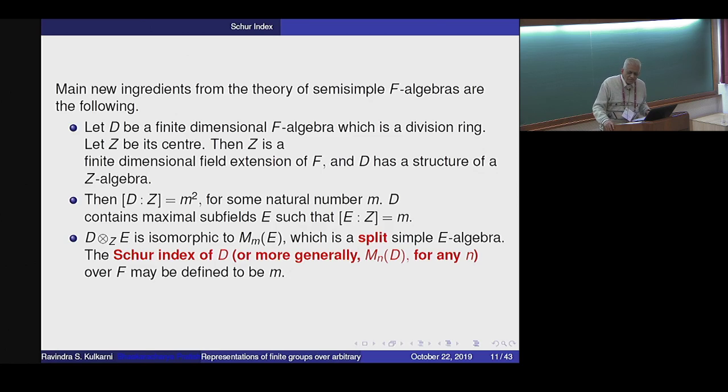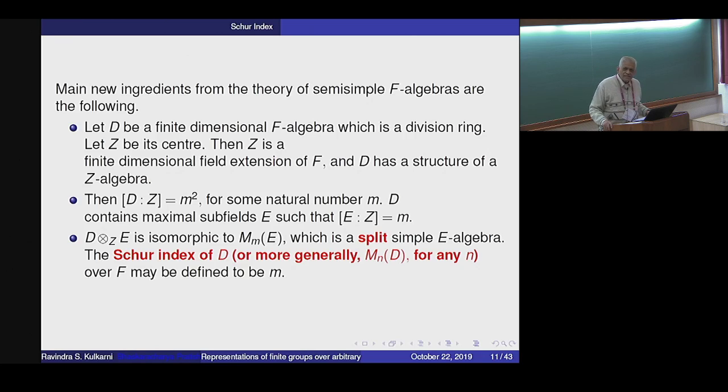The only information that we need from this theory is this basic information that D is a finite dimensional F algebra, which is a division ring. Let Z be its center. Then Z is a finite dimensional field extension of F, and D has a structure of a Z algebra.